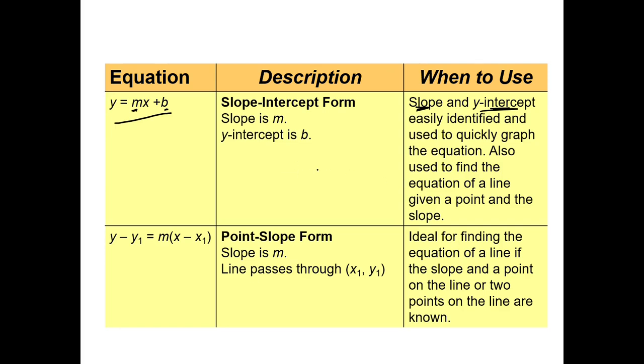The first equation is used mainly for graphing. It allows you to quickly plot the y-intercept and the slope, and you'll be able to graph a line very easily. The second equation, the point-slope form, is used when you want to find an equation of a line and you're given a slope and a point.